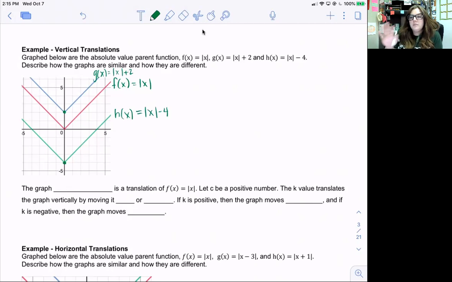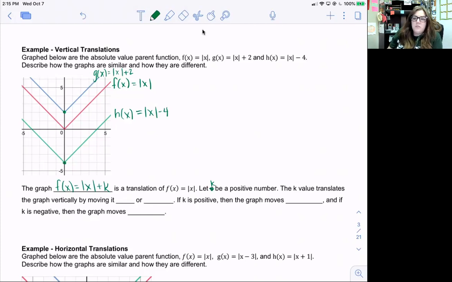So we can give a general form for this. The graph f of x equals the absolute value of x plus k is a translation of f of x equals the absolute value of x. Let k, sorry, be a positive number.